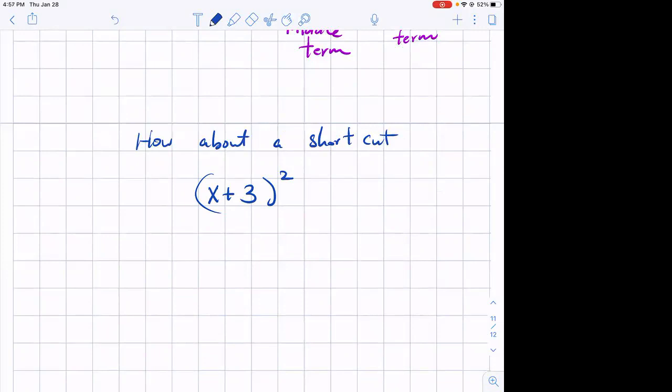So let's say the first term goes here, the second term goes here, and the third term goes there. So this is going to be my first term, this is going to be my second term, and here is going to be my third term.